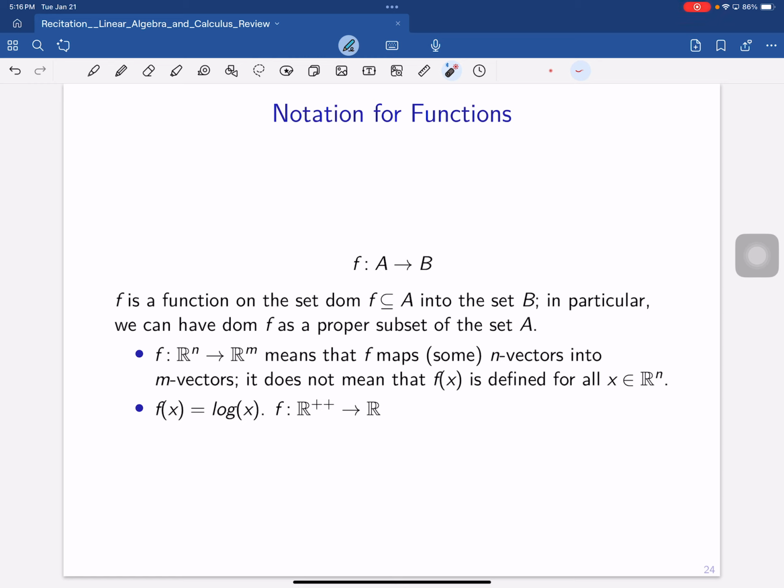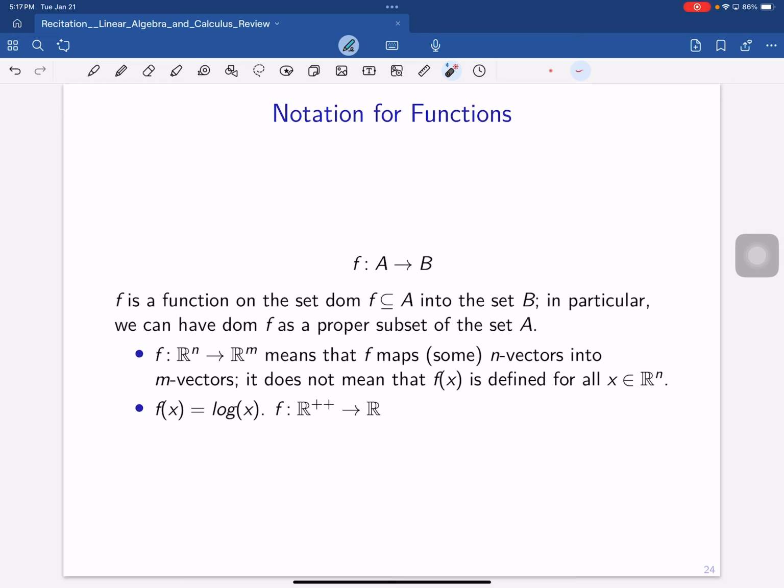Okay, so let's talk a bit about a couple of theorems in calculus. When we define a function that is a mapping from a domain A to B, right? You can maybe treat A and B as two sets, right? Of course, the sets can be Rn itself. So a mapping from Rn to Rm means that f maps some n-dimensional vector to an m-dimensional vector, right?